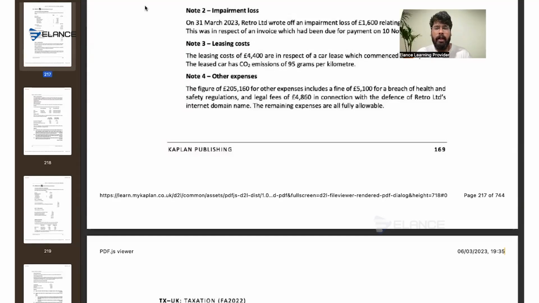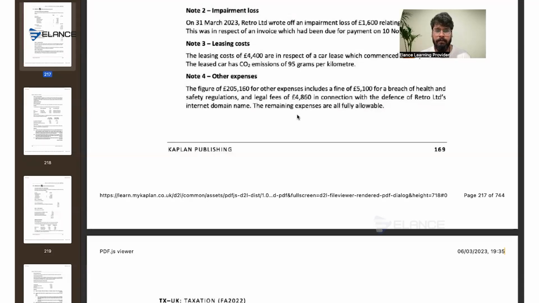Because actually they are spending this 4,860 for the purpose of trading. To protect Retro Limited's internet domain name, they are spending this 4,860 pounds, so it is trading related.